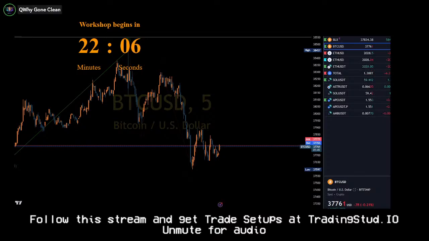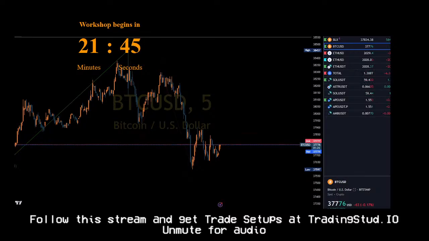I had to get rid of some stuff on my chart. How do I do this? I wonder if it'll actually let me broadcast.